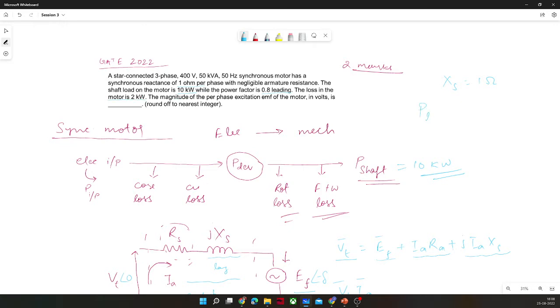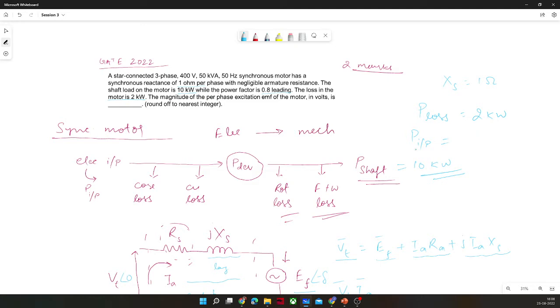Now the loss is also known, 2 kilowatt. So what would be the input power? Can anybody tell me? After that, we will solve for the per phase excitation EMF. What should be the approach to solve the excitation EMF? So can anybody tell me what would be the input power in this problem? 12. 12, right?